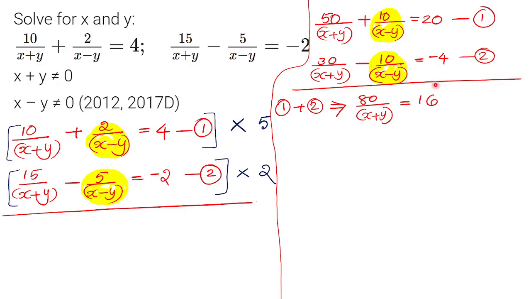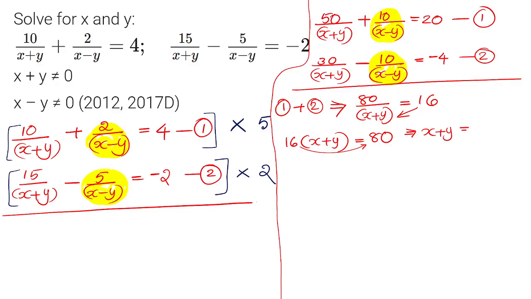Let me complete some steps. 10 by x minus y minus 10 by x minus y cancelled. Cross multiplication gives 16 into x plus y equal to 80. Lengthy question I am discussing. 16 taken to the other side.